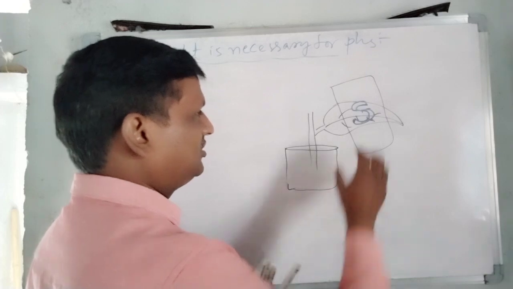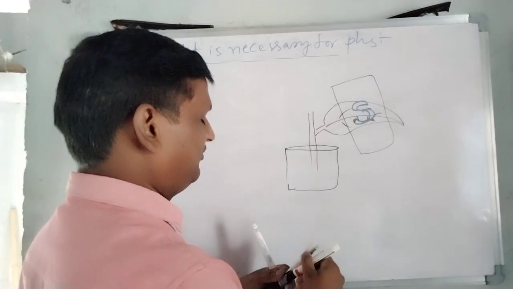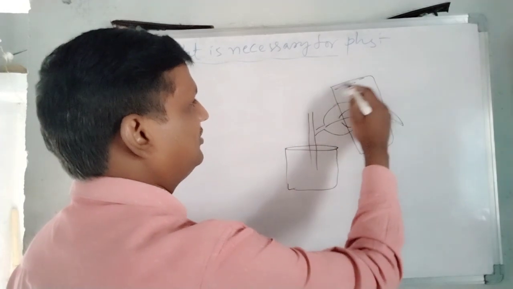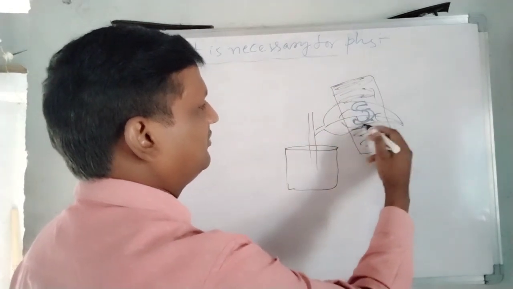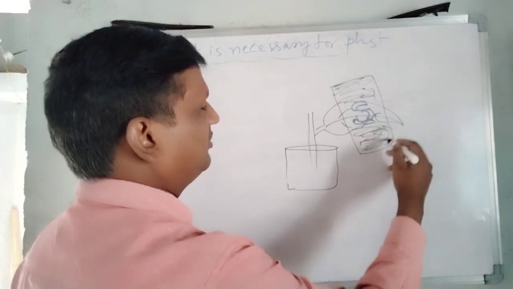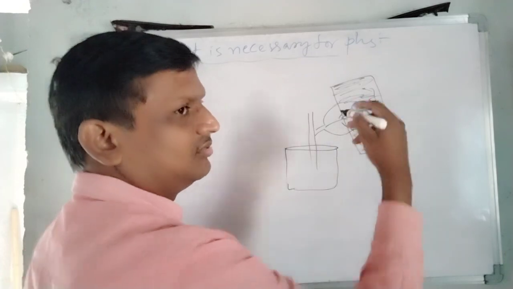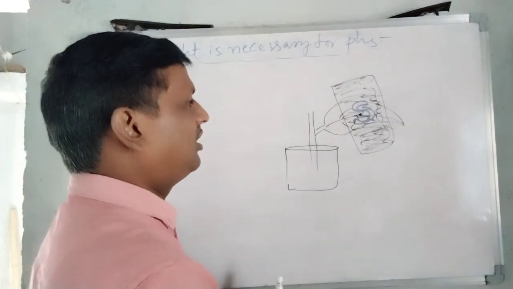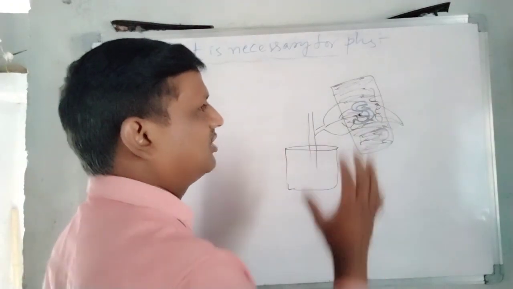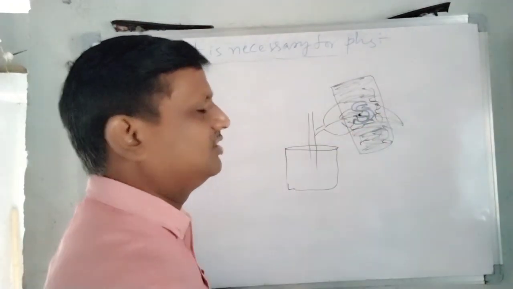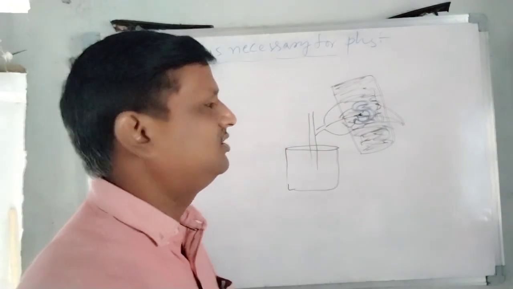The remaining part of the leaf does not get sunlight. A light screen is nothing but a dark sheet of paper covering the leaf, but this dark sheet has an S-shaped cut design.